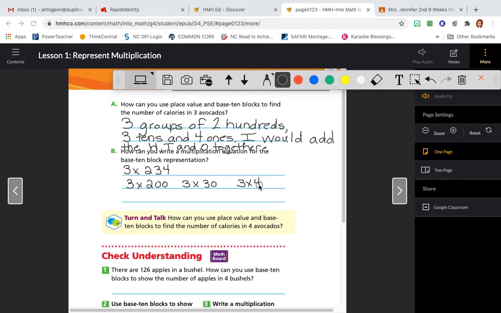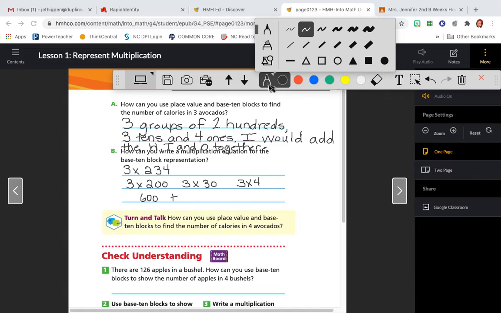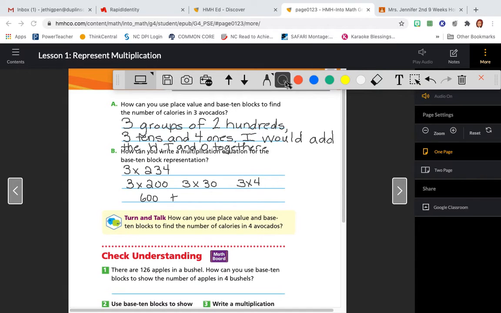So 3 times 200 is 600, plus 3 times 30 is 90.